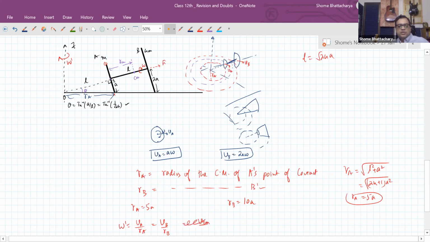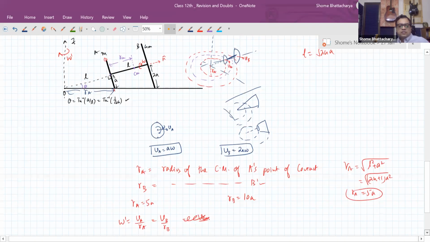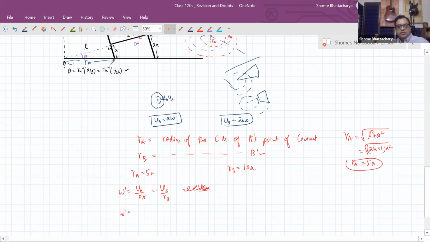Okay. So we'll come to that later. So this omega prime, therefore you can see, is becoming omega by 5. That's how we are getting the angular speed of the system.